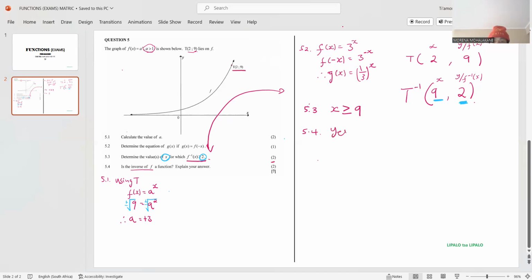So I'm going to say yes, it's a function. It's a 1-to-1 relation. That is why, for every value of x, one x value is related to only one y value. So same thing with the inverse. One x value is going to be represented with one y value.